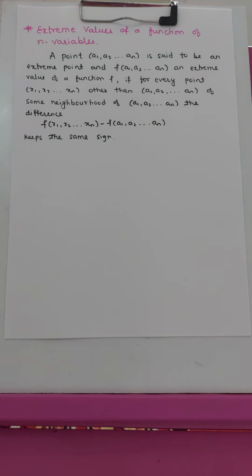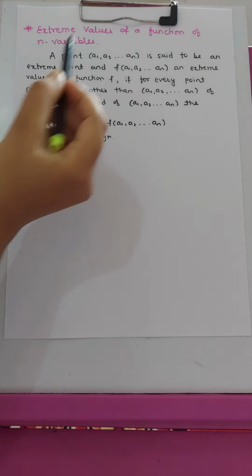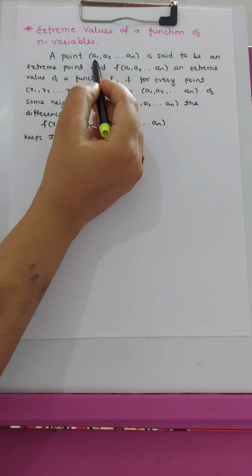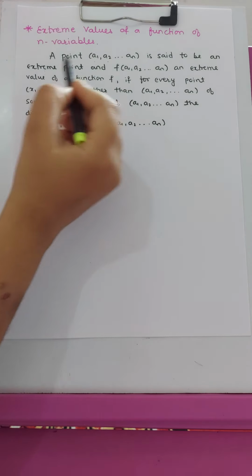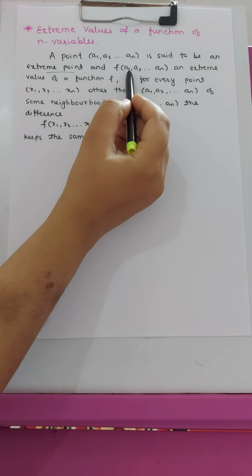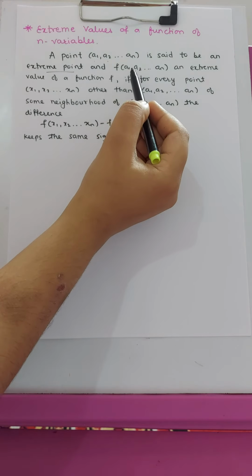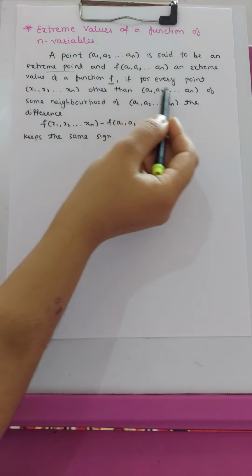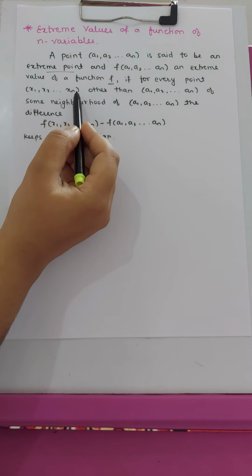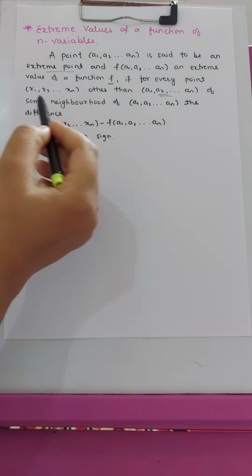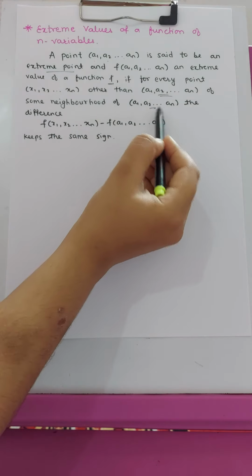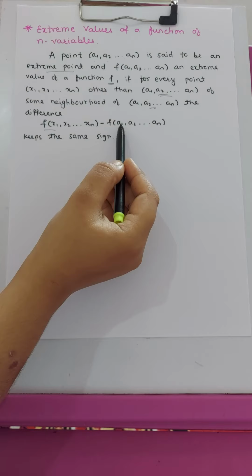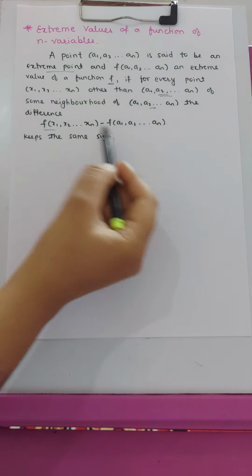So the next article, and the last article of this unit, is extreme value of a function of n variables. For any function f, a point a1, a2 up to an is said to be an extreme point, and the value of the function at this point, f of a1, a2, an, is said to be an extreme value of that function f, if for every point x1, x2 up to xn other than this point a in some neighborhood of a1, a2 up to an, the difference f of x1, x2, xn minus f of a1, a2, an keeps the same sign.